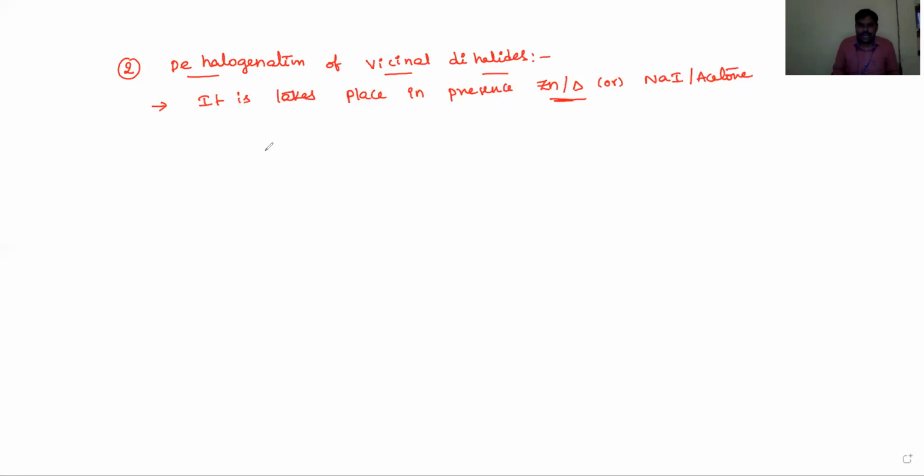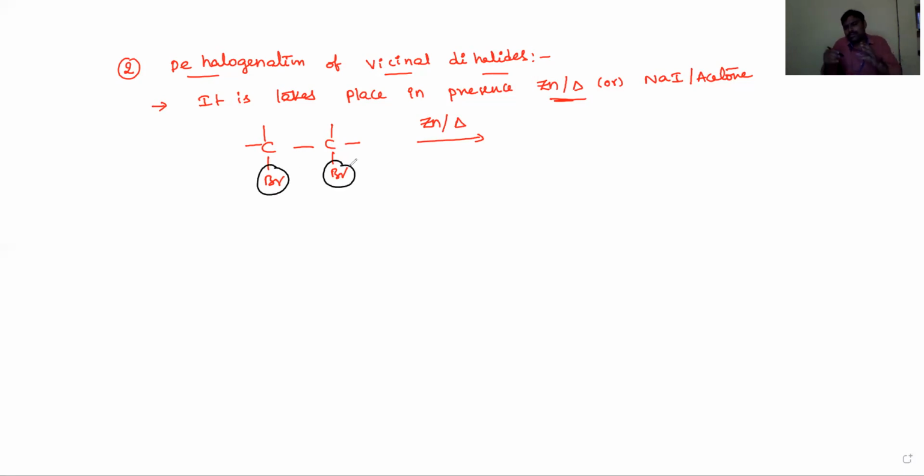So for vicinal dihalides, take bromine atoms on the adjacent carbons, treated with zinc. Upon heating, these two groups will leave.